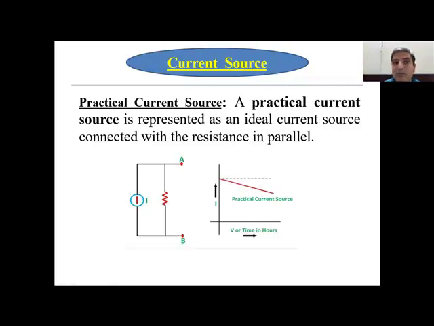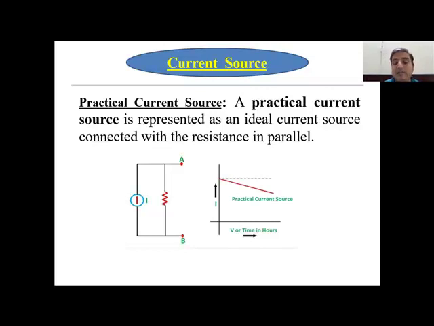If R becomes infinite, the V upon R term will become 0. In that case, IT will be equal to I. So this practical current source will be equivalent to the ideal current source if the internal resistance of the practical current source is infinite or as high as possible.